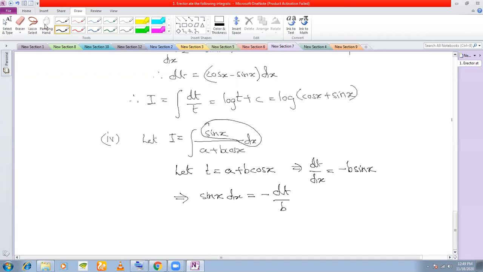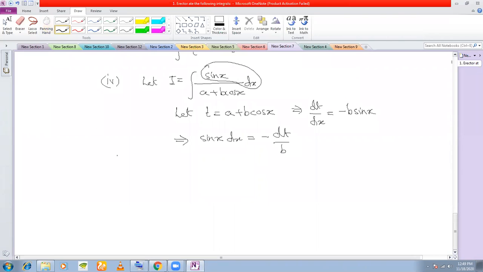Now you change everything to t. a and b you don't need to worry about because they are constants. Therefore, I is equal to integral, instead of sin x dx you put minus dt by b, divided by t. You take minus 1 by b out of the integration, so you're left with only dt by t.